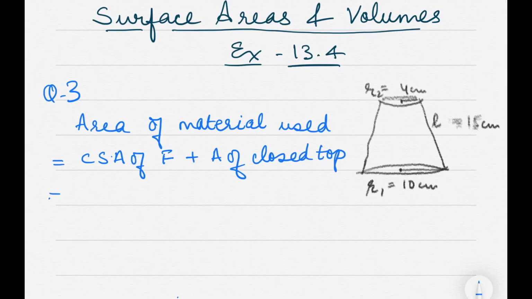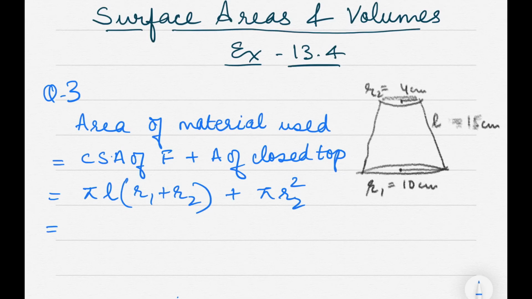So now let's put the formula. Curved surface area is pi L, which is given to me directly, into r1 plus r2, and closed top means plus pi r square, and this is my r2 here, which I have marked in the diagram.